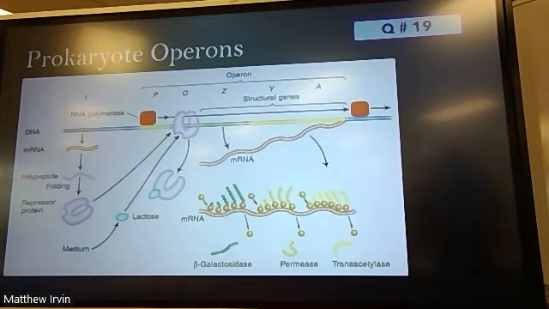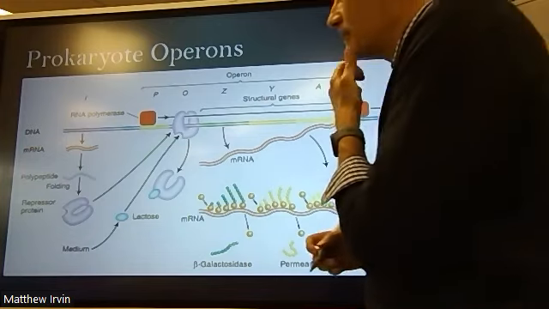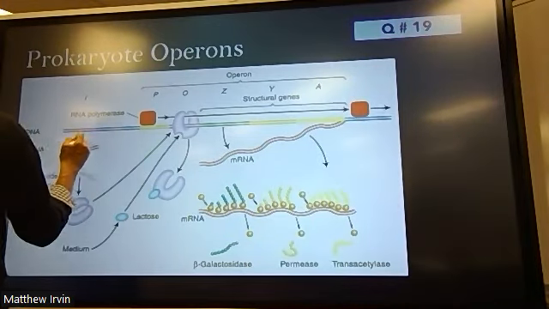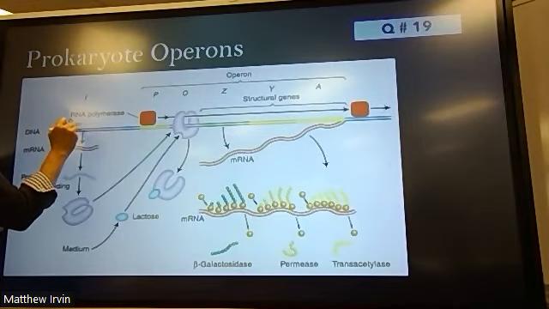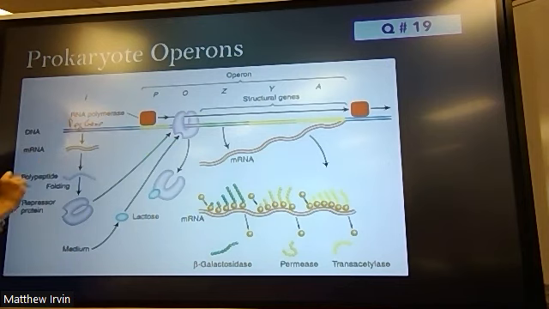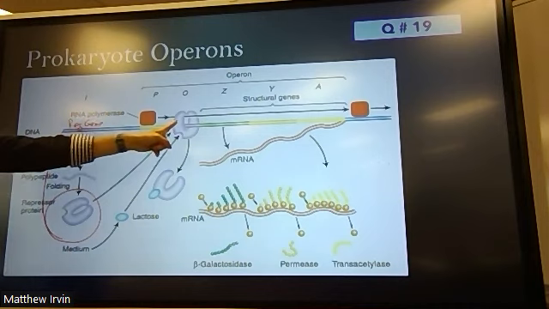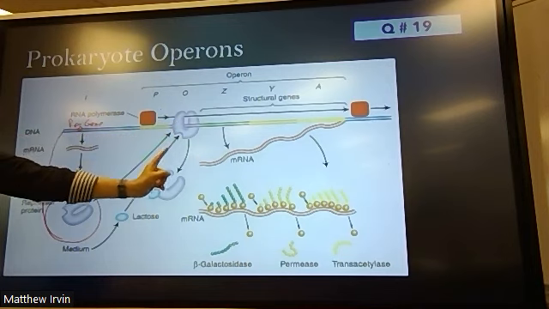They would block transcription. So operons, you are going to have a regulator gene. Regulator gene makes the repressor. And so then the repressor will bind to the operon at the operator, and the repressor blocks transcription.